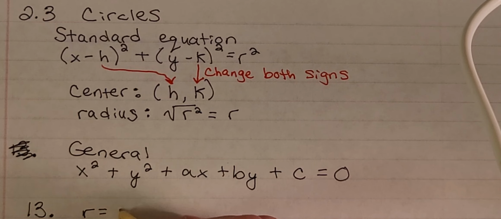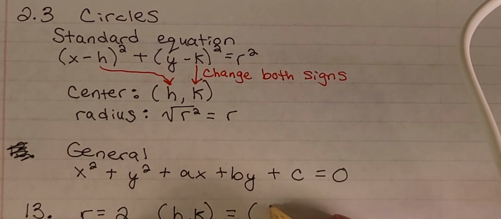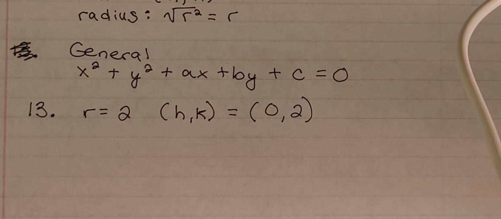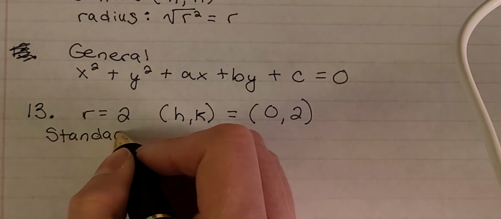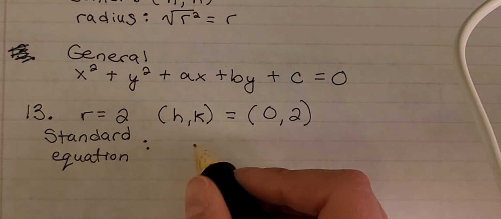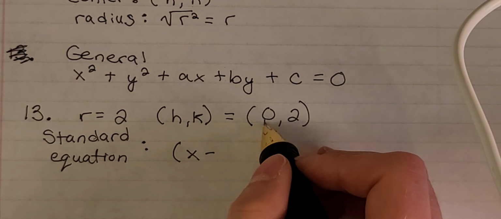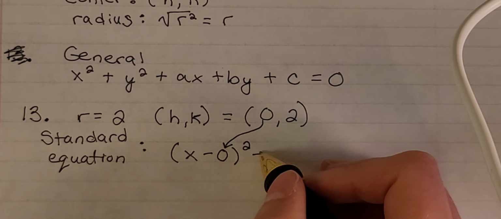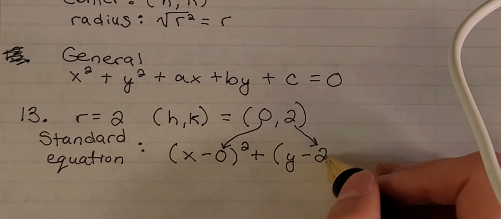Okay, so they said the radius is 2, h comma k equals 0 comma 2. So the first thing I would do is do the standard equation. So the standard equation, you're going to have x minus, and you plug that number in. We're changing signs. Plus y minus, and we're changing signs on those things.